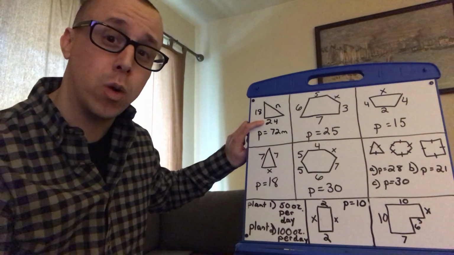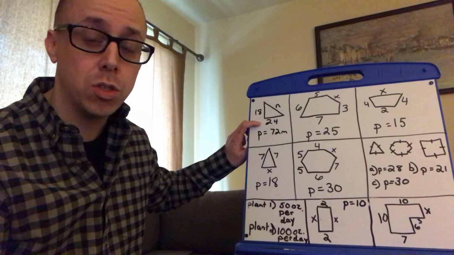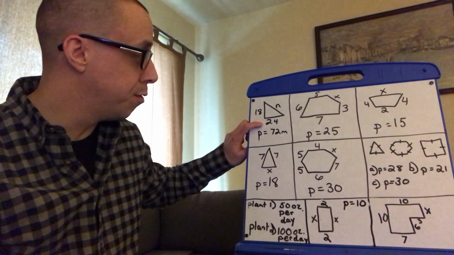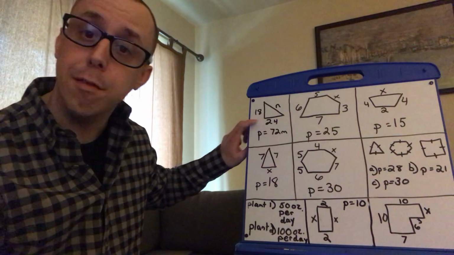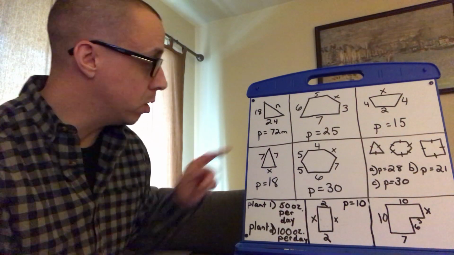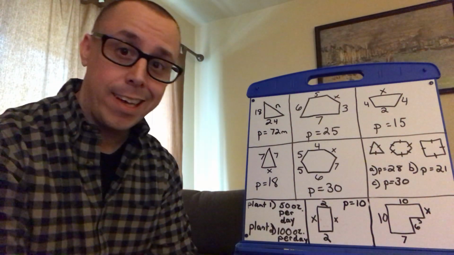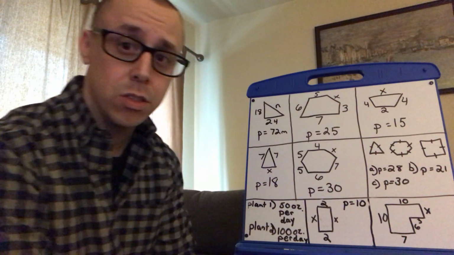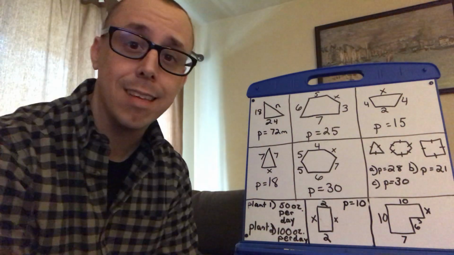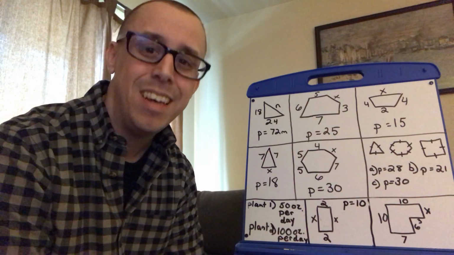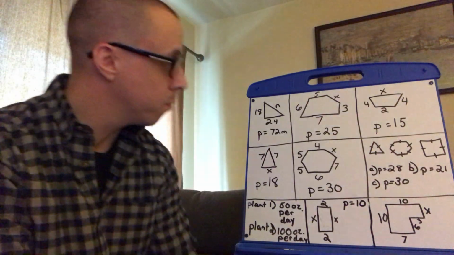So 24 plus 20 is 44, minus the 2, because it's only 18, is 42. So now since I have 42, I can do 72 minus 42, and I can use my mental strategies to realize that this side length is 30. So in this case, n equals 30.